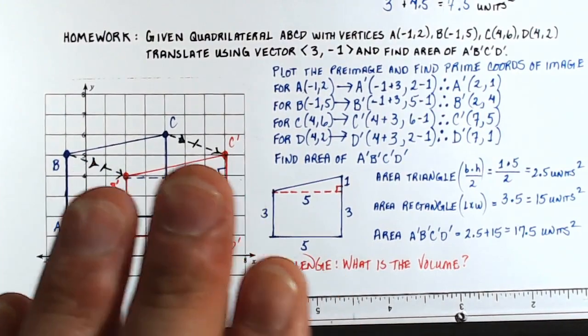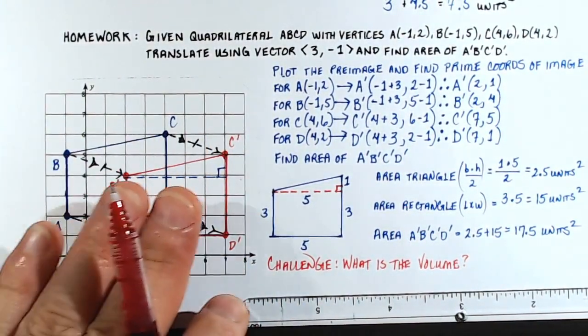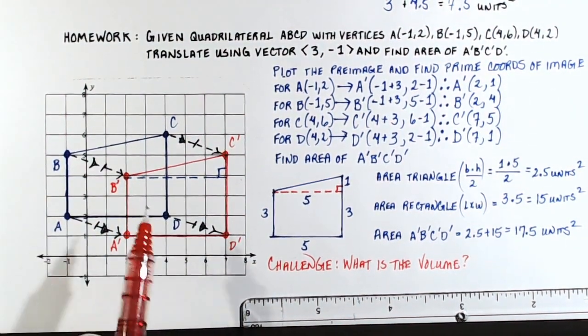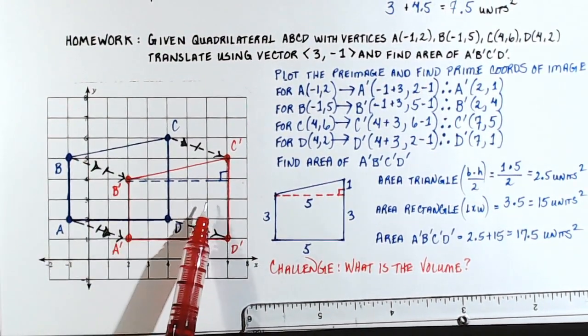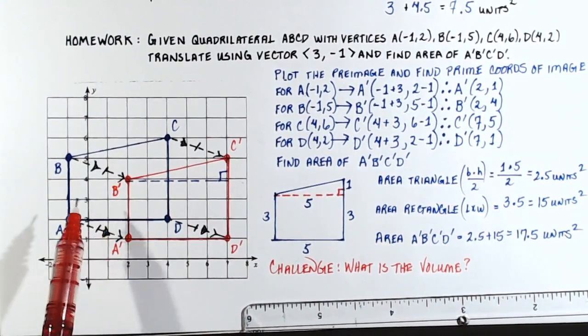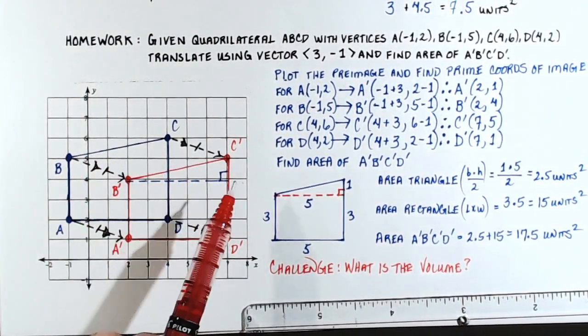It looks like half of a house. You've got the roof here, and here's the house part. We would know how to find the volume pretty easily of this piece here, the rectangular prism down here, and then you have a triangular prism here.